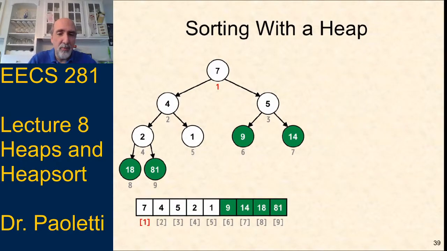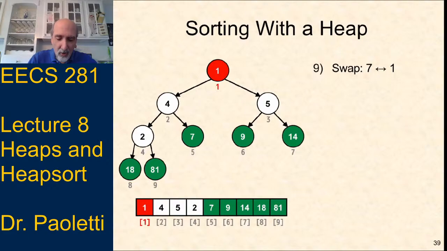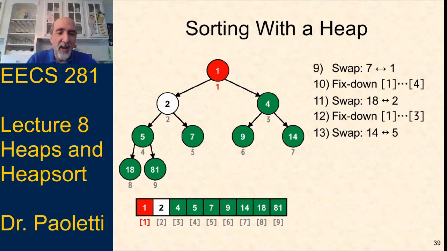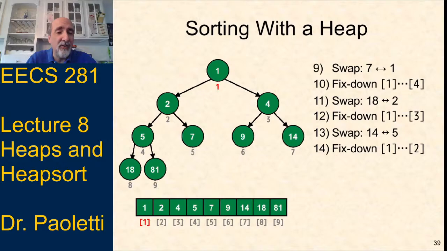We swap and we fix down the first 4. We swap with index 4 and we fix down the first 3. Swap with index 3 and fix down the first 2. And then we don't swap with index 1. Index 1's got to be in the right place.